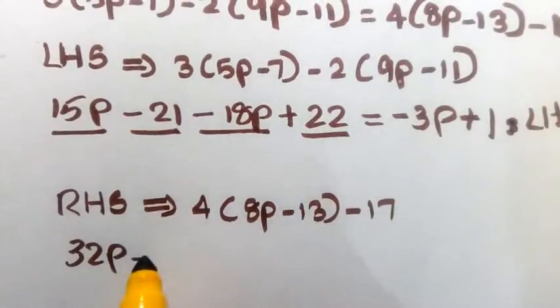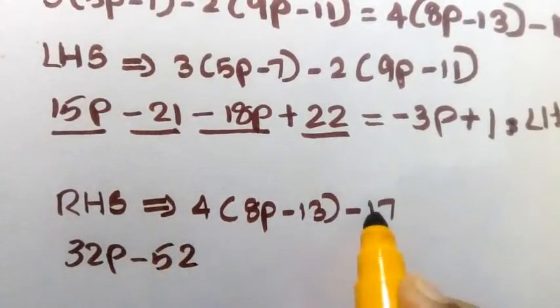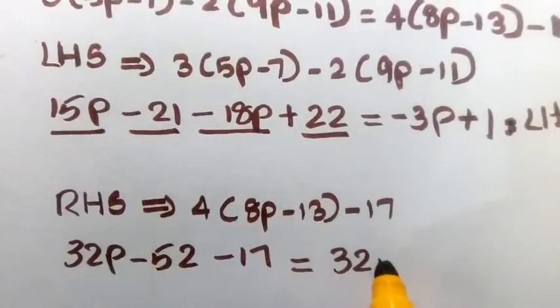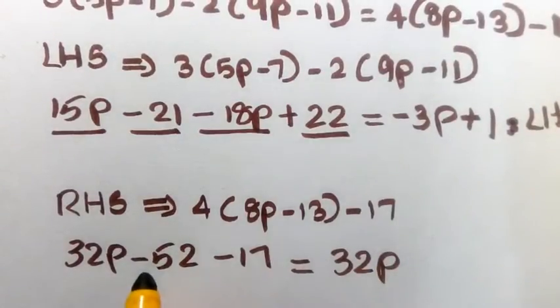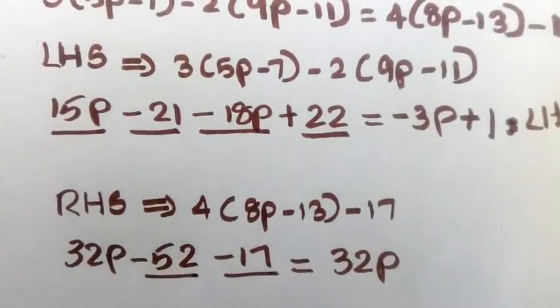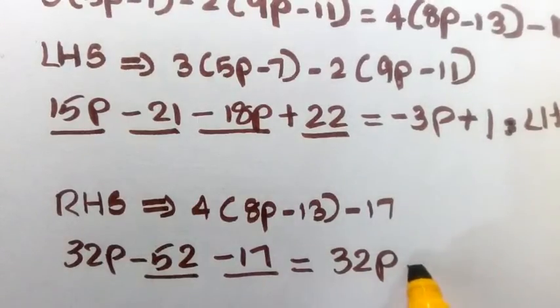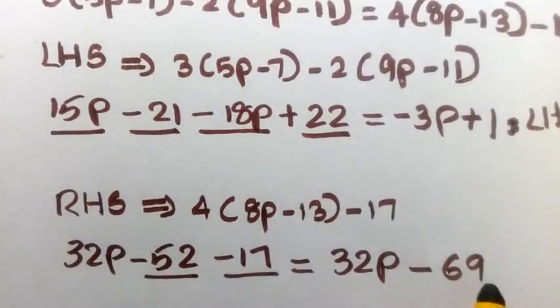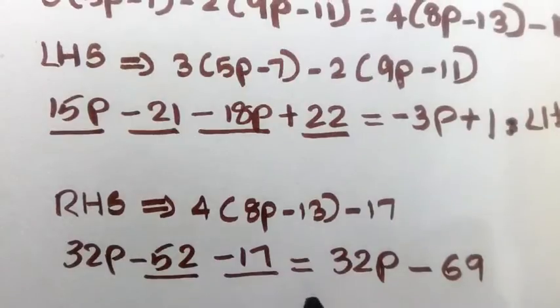Yes, it is negative 52, minus 17, which is equal to 32p, negative 52, negative 17. What is negative 52, negative 17? Yes, it is negative 69. So now we have reduced the RHS also.